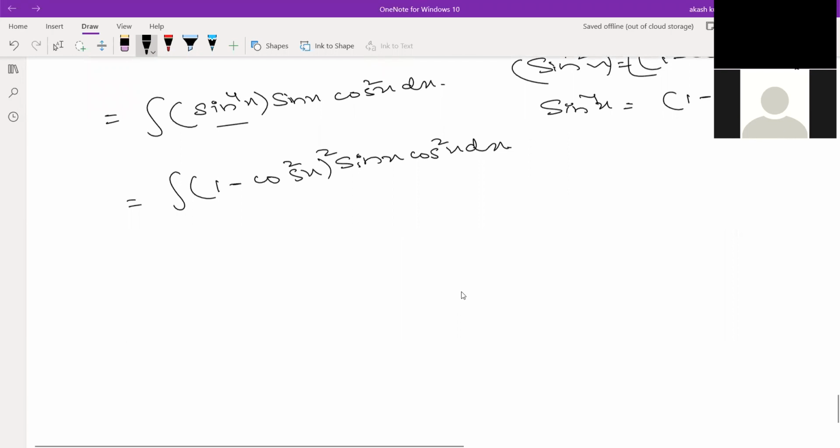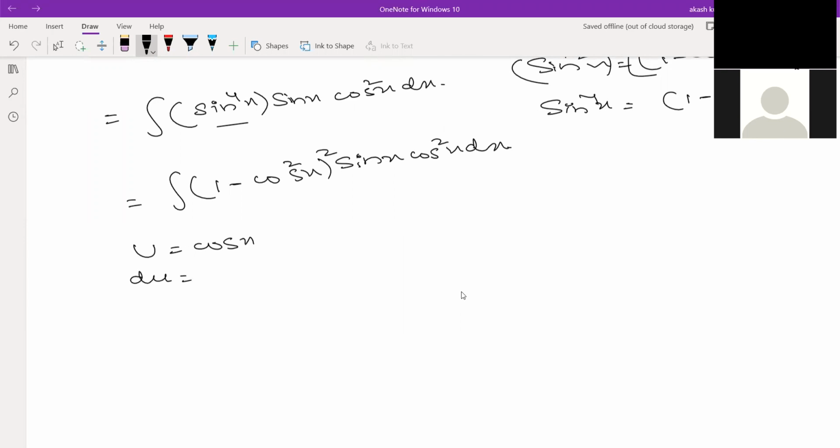Okay, now I can say that u is equal to cos x, because I'm applying the u substitution, because I know that the derivative of cos x is there, which is sin x dx. So I can easily apply the u substitution.